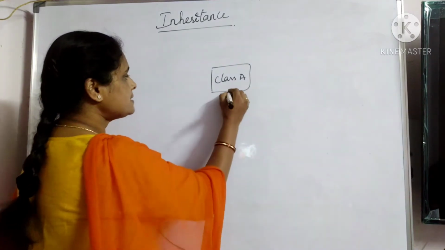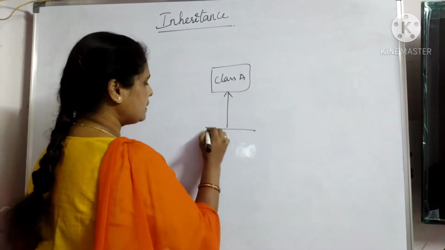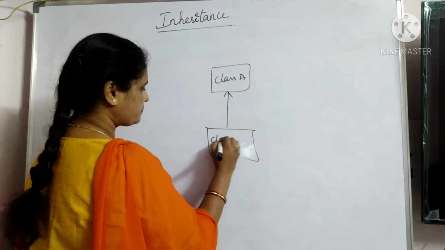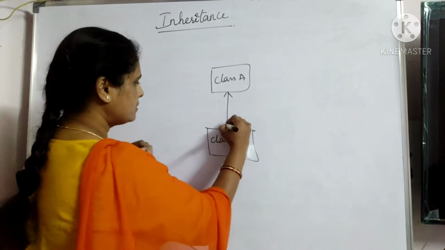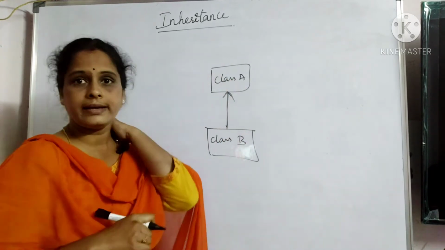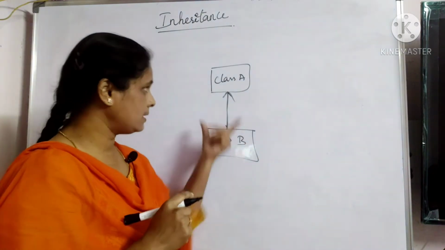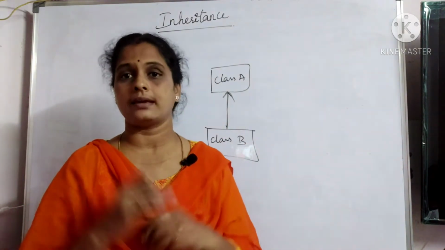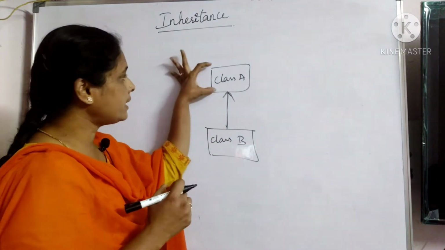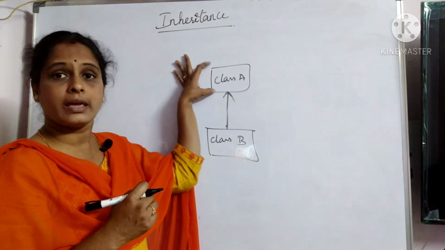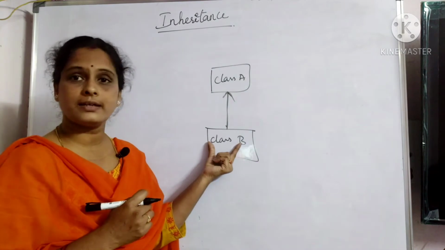Now when I say class B is inherited from class A, I repeat, class B is inherited from class A, that means the qualities or characters whatever A has will be inherited into B.